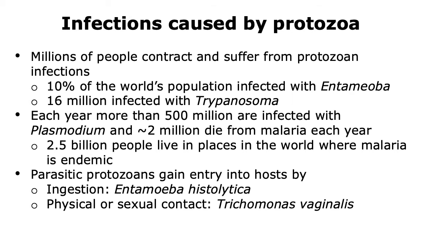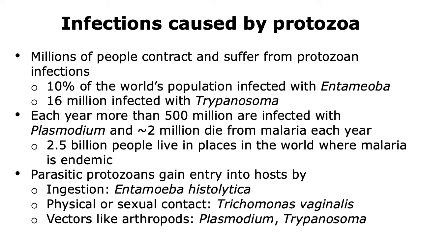Protozoa can also gain entry into a host through vectors like arthropods, and this is usually done through insect bites. Plasmodium, which causes malaria, and Trypanosoma, which causes sleeping sickness, are both able to gain entry into the host through these insect bites.